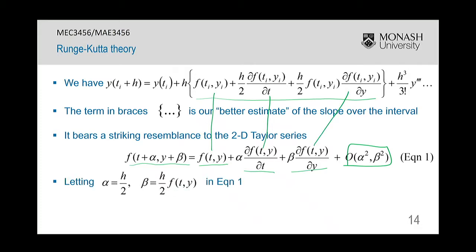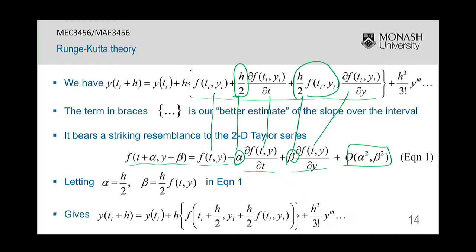So if we let alpha equal h on 2 and beta equal h on 2 times the function value evaluated at ti and yi, then we can effectively rewrite this term at the top here as f of ti plus h on 2 and yi plus h on 2 times f.